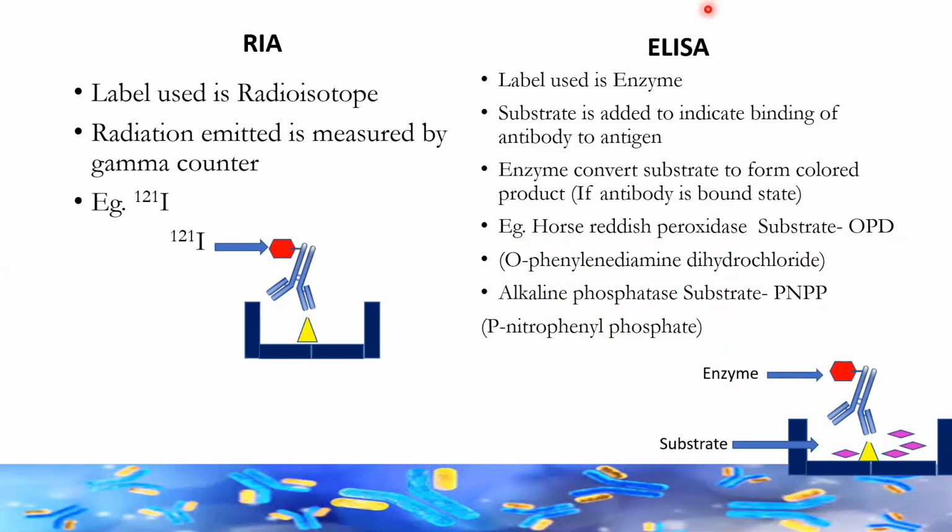Anyway, we are going to see ELISA again in detail in another lecture. Right now, let us concentrate on radioimmunoassay. So basically, in radioimmunoassay, the label used is a radioisotope.